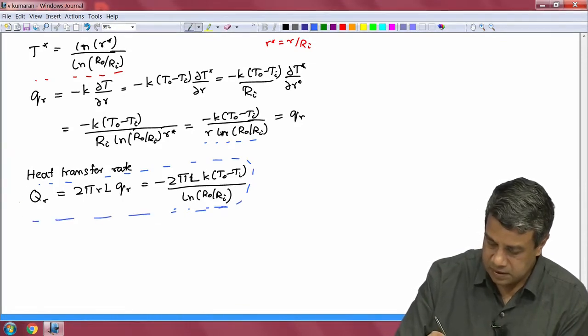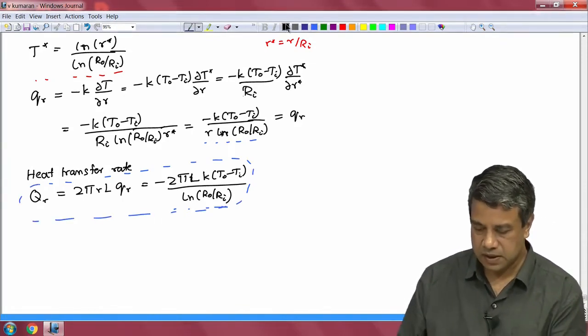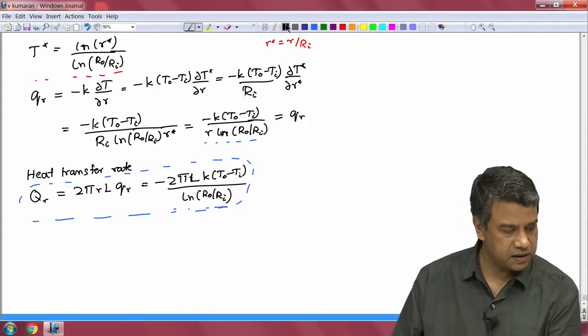Sometimes an attempt is made to write this heat transfer rate in terms of an area and a thickness.